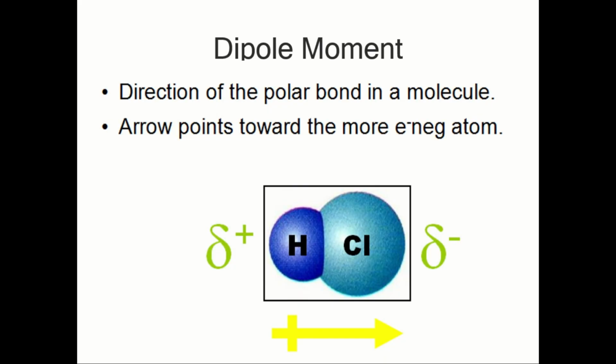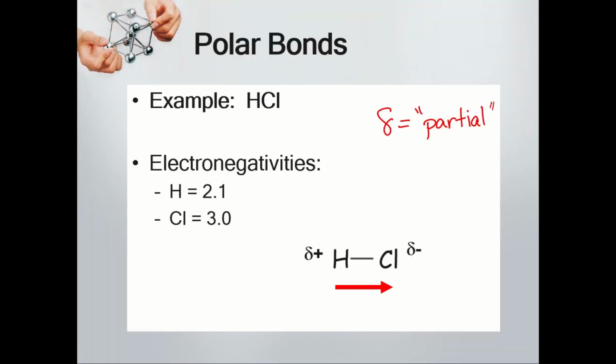Dipole moment, again, shows the direction of the polar bond. As I have said, they are usually observed in a polar bond in a molecule. The arrow points toward the more electronegative atom, as we can see here in the illustration. We have examples here. Why did it become a polar bond?